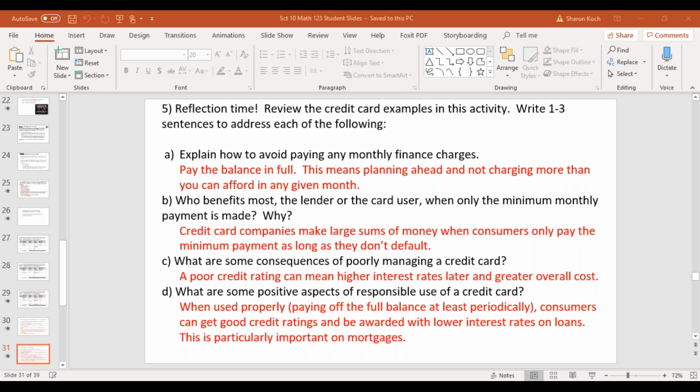Now, a reflection on this, and how to avoid it: pay the balance in full, then you won't get a finance charge, or try to pay as much as you possibly can. Also, make your payments on time, stay within your credit limit, and watch out for additional hidden fees.